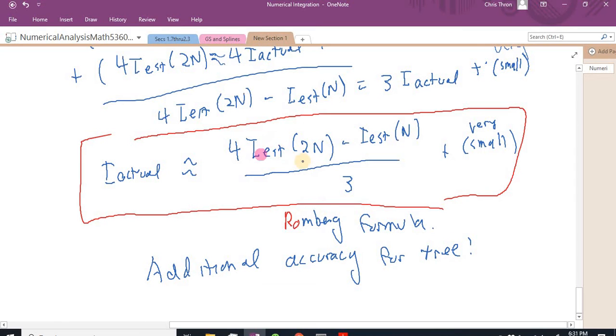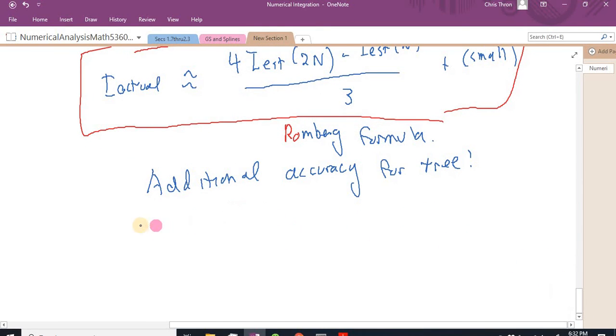Because when you compute this estimate with 2n intervals, you need to calculate 2n values of the function. That includes these values. You're using the same values, not calculating any more function values, so you're getting something for free.